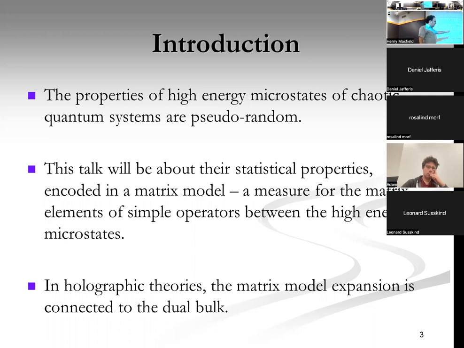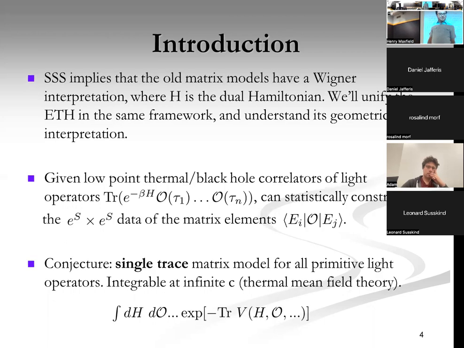And the nice aspect is that, at least in the holographic theories, this matrix model extension is related somehow to the bulk geometry. So we could say that the work of Douglas and Steve and Phil is that the old matrix models, related to gravity, have a Wigner-like interpretation, right?